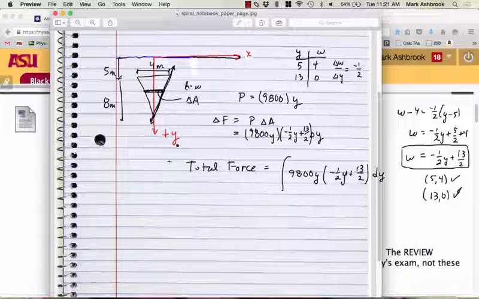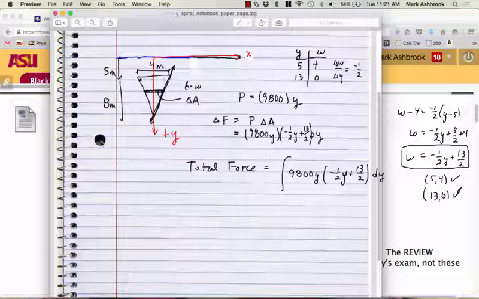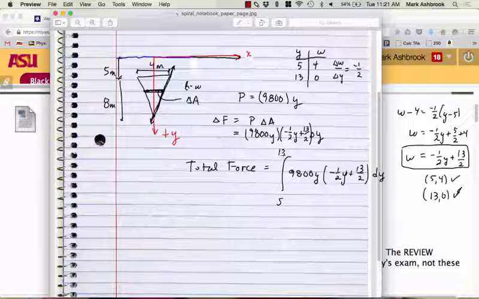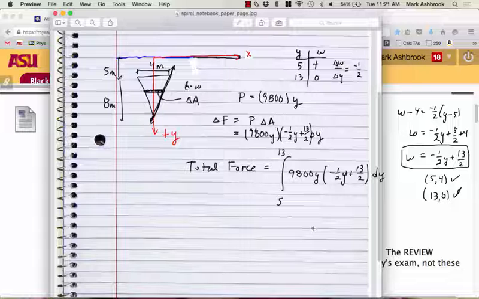And that's going to go from what to what? So we're going to sum up the y's from 5 to, not 8, 13. 5 to 13. Okay, please ask if I lost you, if you have a question.